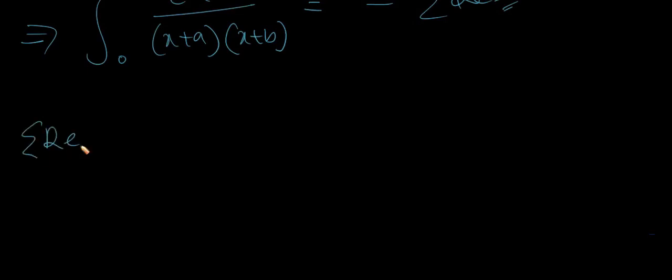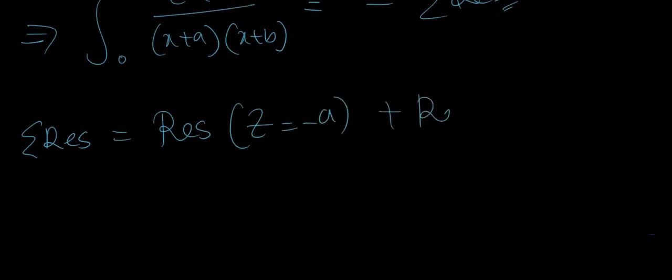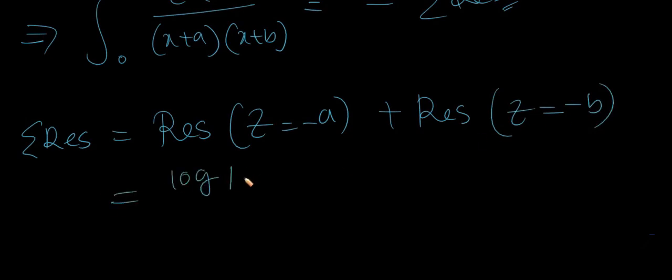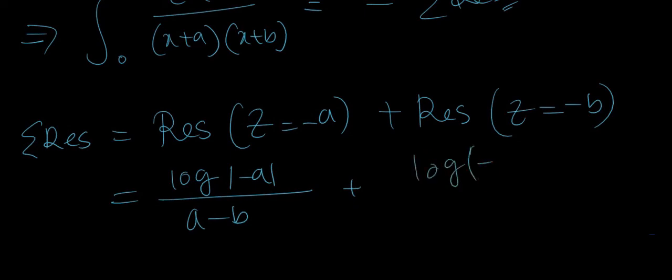So sum of the residues means residue at z equals minus a and then residue at z equals minus b, right? So this is just log of minus a and there will be a minus b. You have to calculate it. I'm skipping the steps. And here you'll have log of, sorry, modulus minus b.